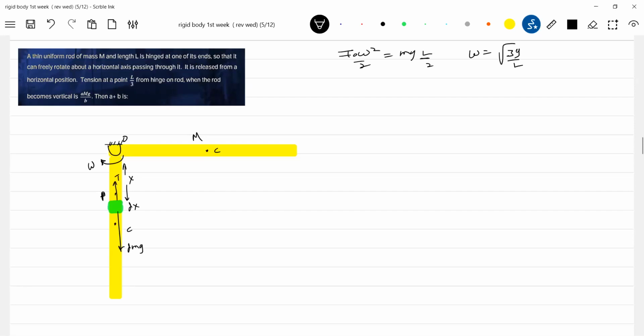Tension T plus dT, and T, and also a pseudo force dm omega square x. So minus of dT is equal to dm g.